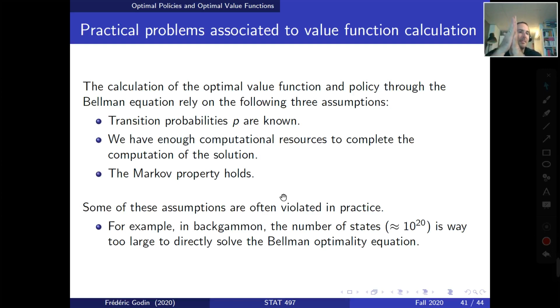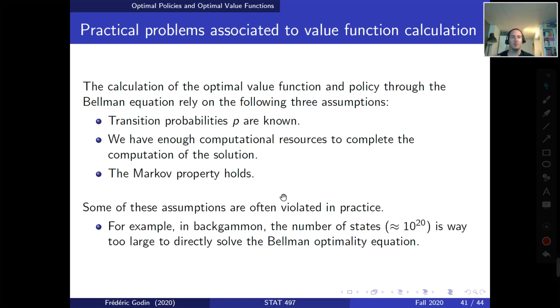The probabilities of the next state given a current state and current action are only influenced by these current state and action and not by the past. If this assumption fails, then the dynamic programming approach, which is the Bellman equation we've suggested, would fail.